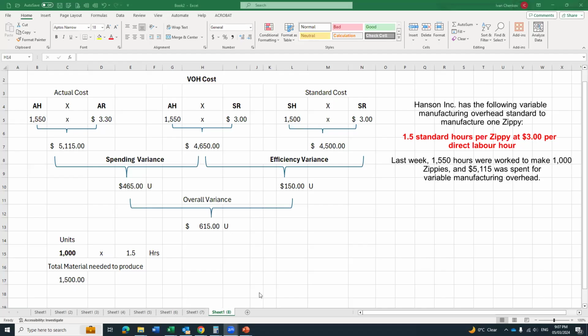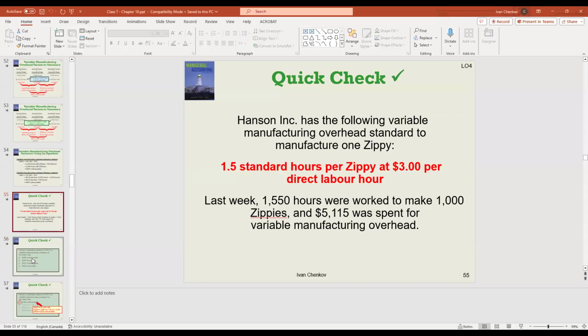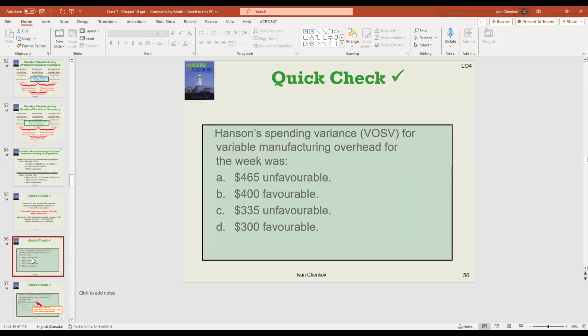Okay. Let's go over the slides. Not Excel spreadsheet. Let's go to the slides. Sorry. So what will be our answers here for the variable spending variance?